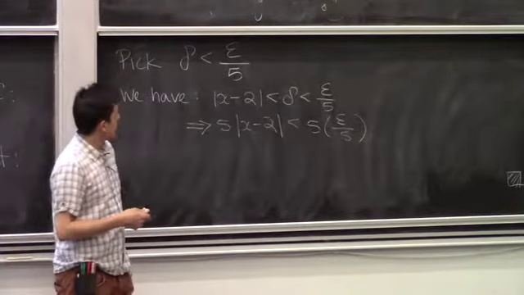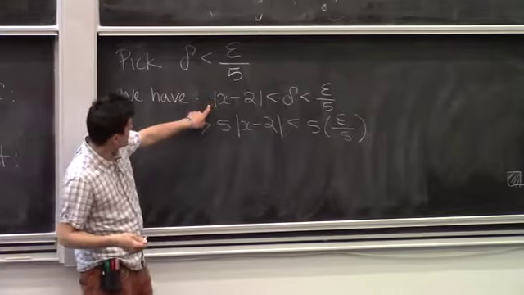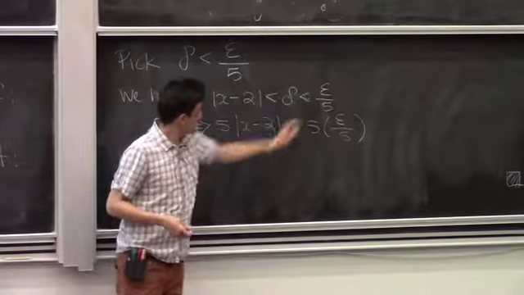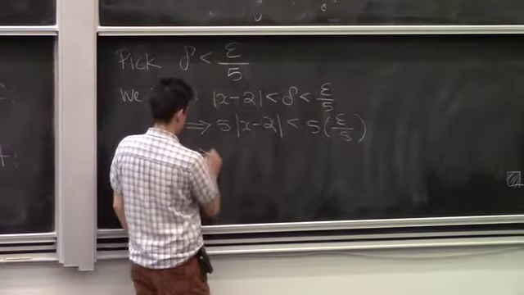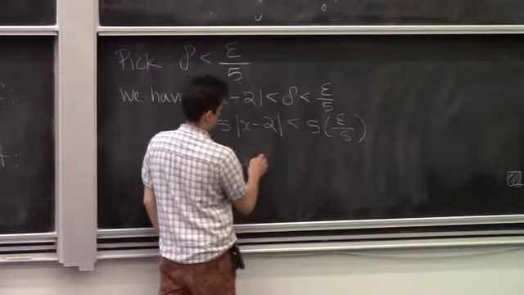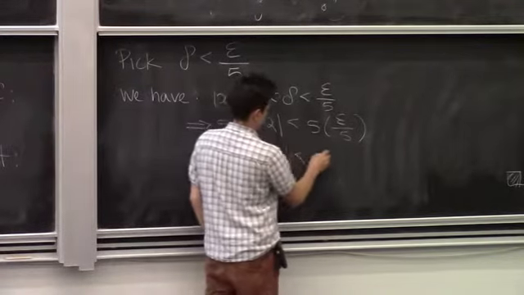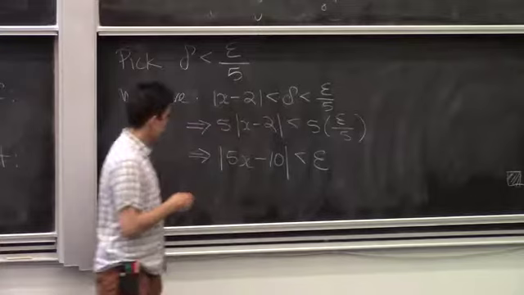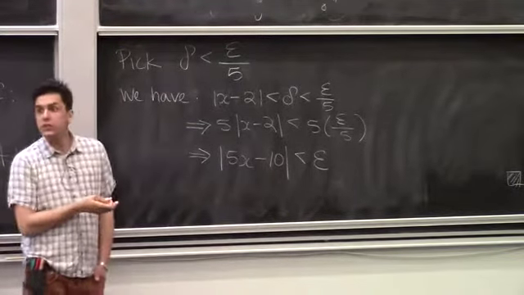If we've got that this thing's less than delta, which is less than epsilon over 5, then we get this, which is the conclusion we want.